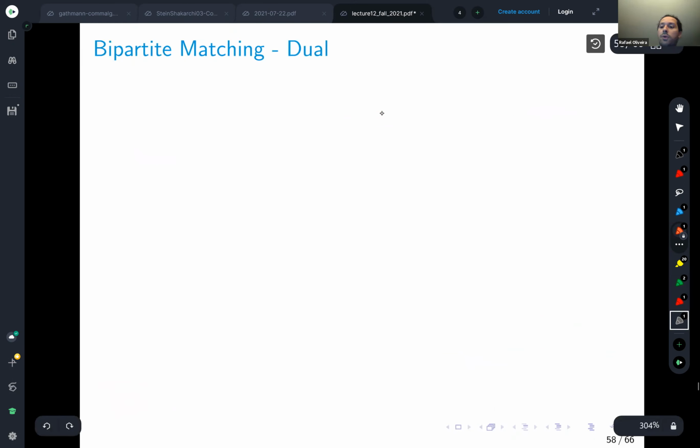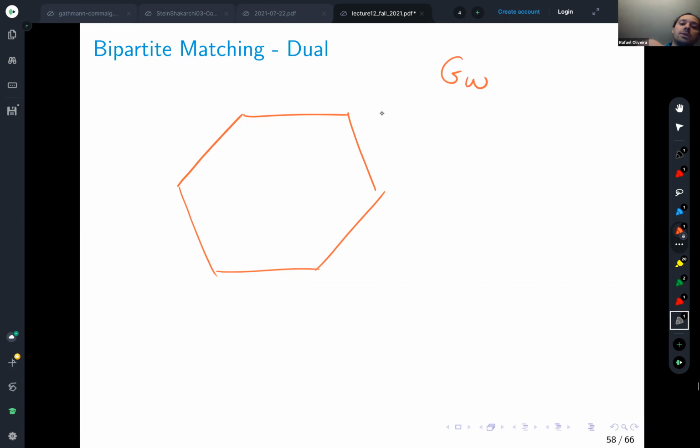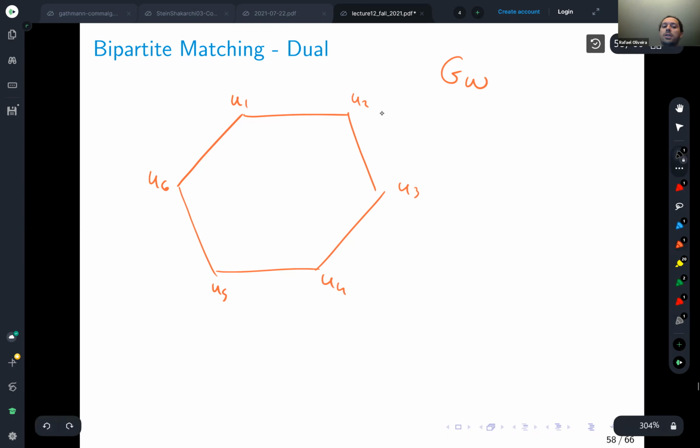Now, let's look at a cycle in GW from the bipartite graph. This is going to be u1, u2, u3, u4, u5, u6. And let's look at the circulation of this graph.